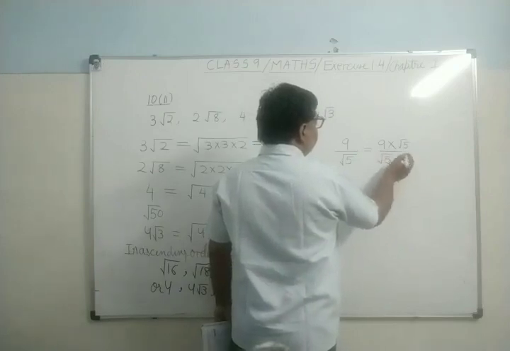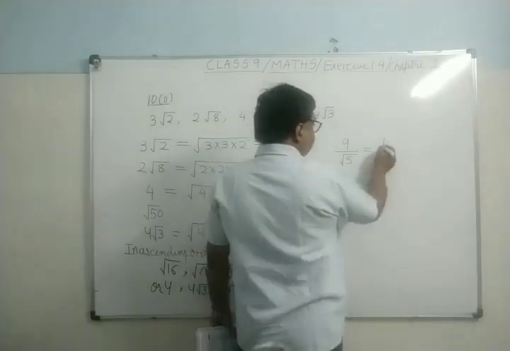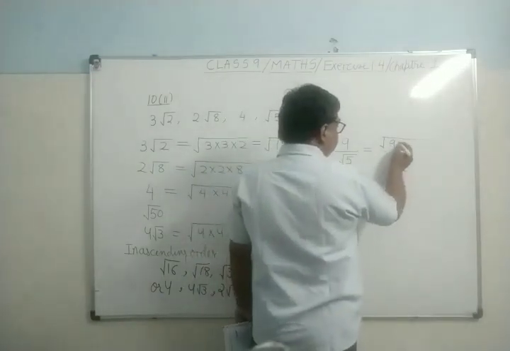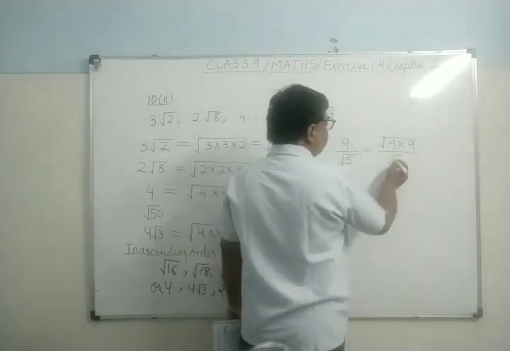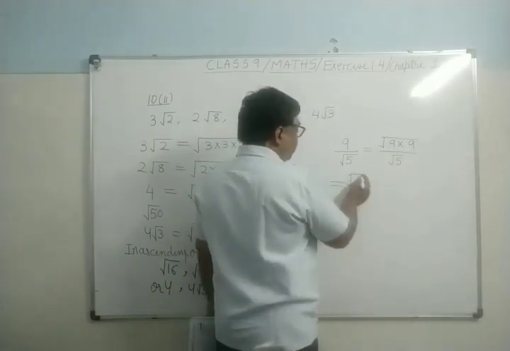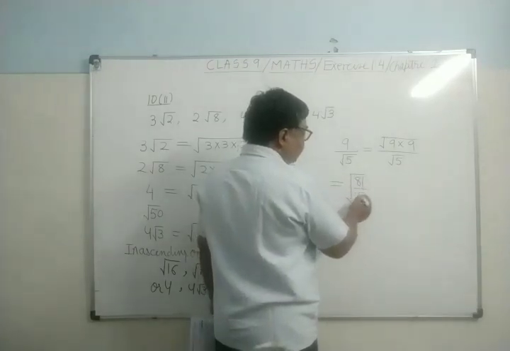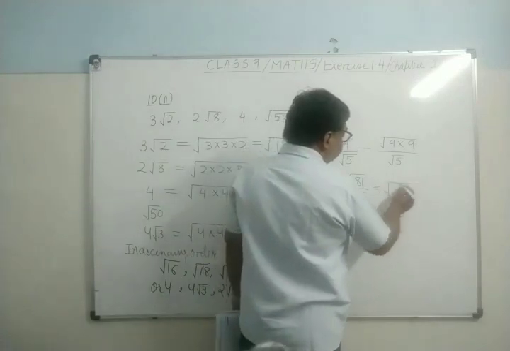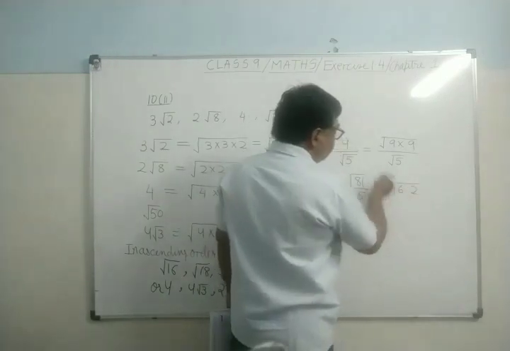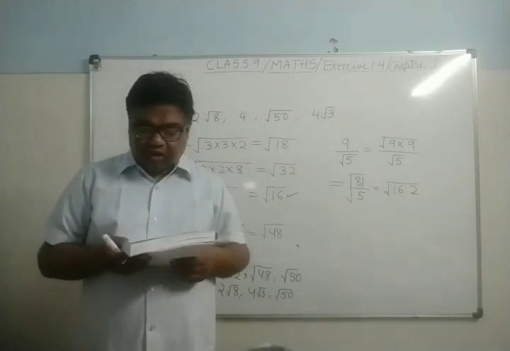Or you can write it this way: you write the numerator also in square root form, 9 into 9 upon root 5. So it will be root 81 upon 5. Now simplify. So it is root 16.2. So in this way you can change. Is it clear?